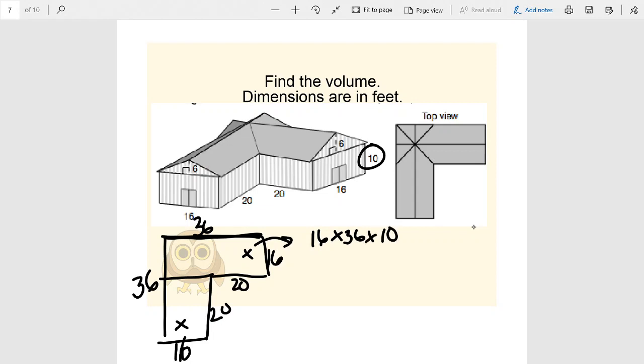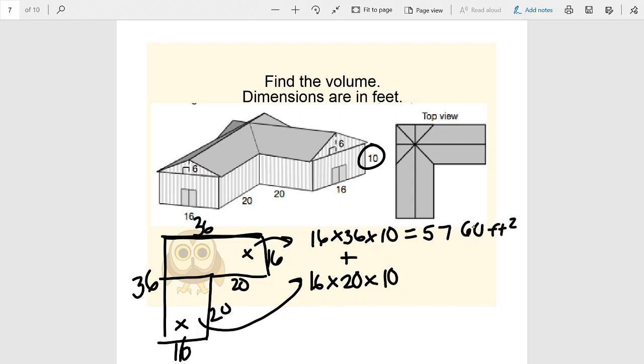Okay, and I'm going to add to that the volume of this one here, which in this case is 16 by 20, and then by 10, since that's our height. Okay, so 16 by 36 is going to be 5,760 feet cubed, and this 16 by 20 by 10 is 3,200 feet cubed.